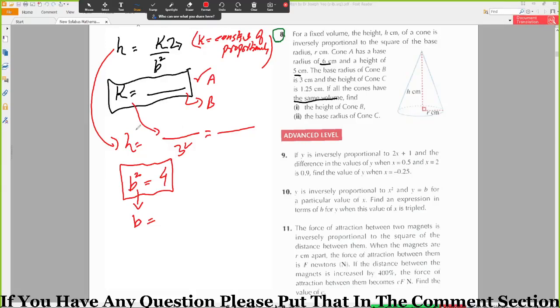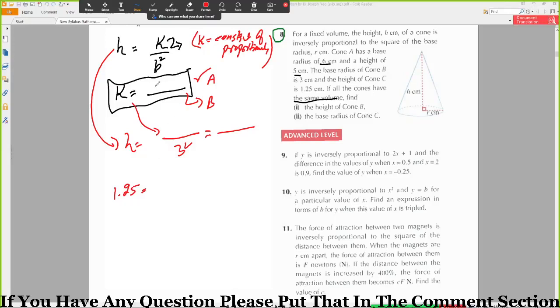Okay, let's do this question. The h value is given to us, that is 1.25. The K value will be equal to 6 squared times 5. H is 5 and R is 6. So 6 squared, which is 36, times 5 is 180.